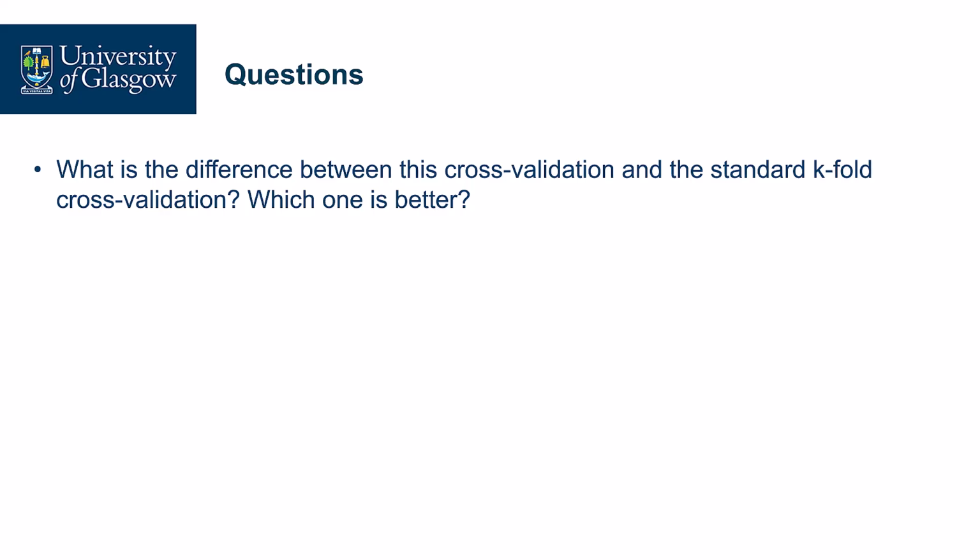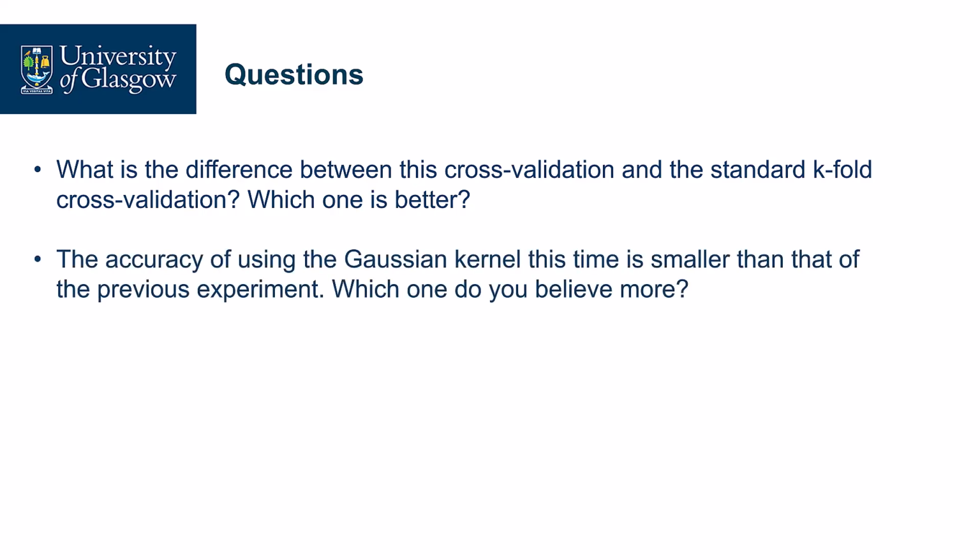Now I have a few questions for you. The first question: what is the difference between this cross-validation and the standard k-fold cross-validation? And which one is better? Question 2: we tried the polynomial, the RBF, and the Gaussian kernel here, right?